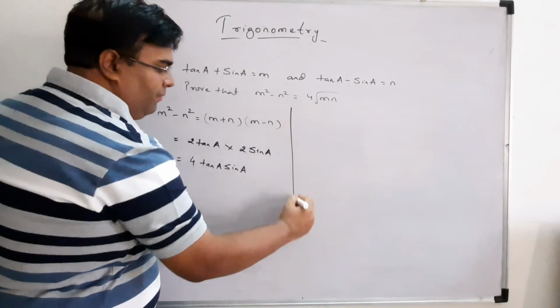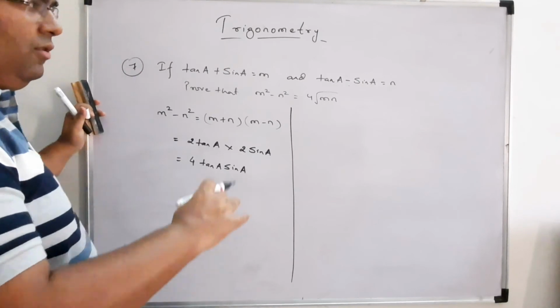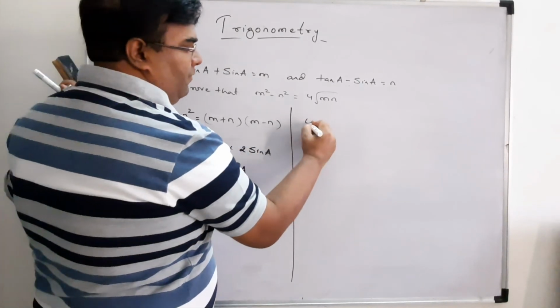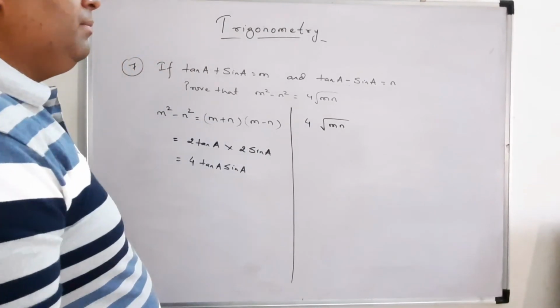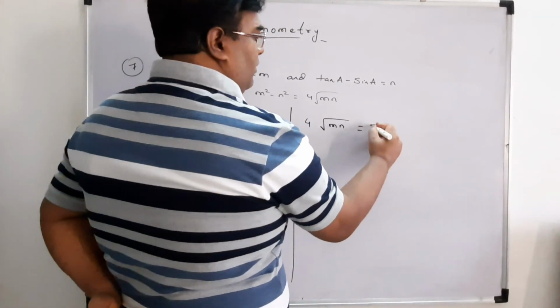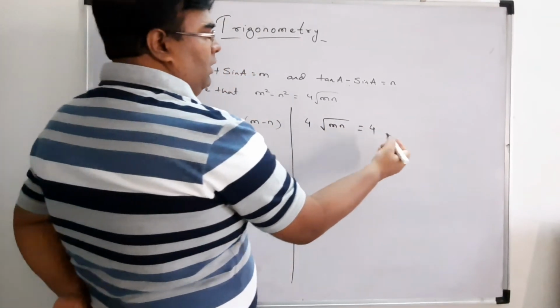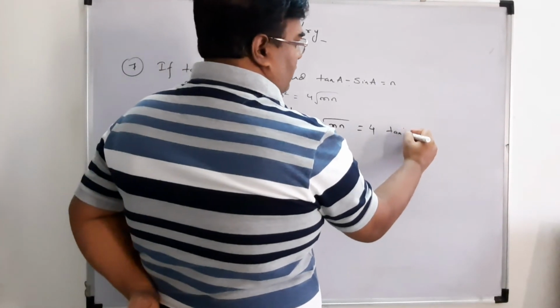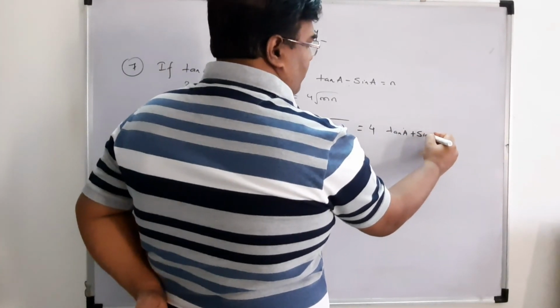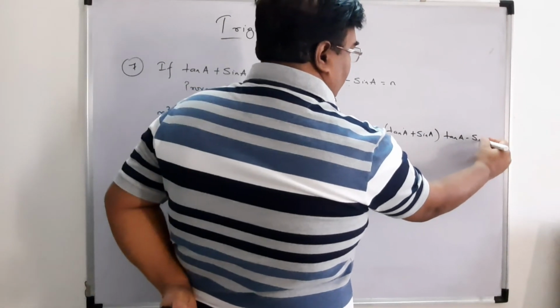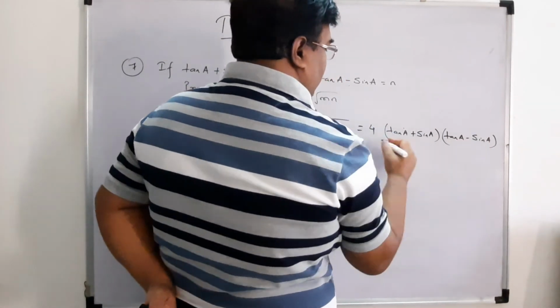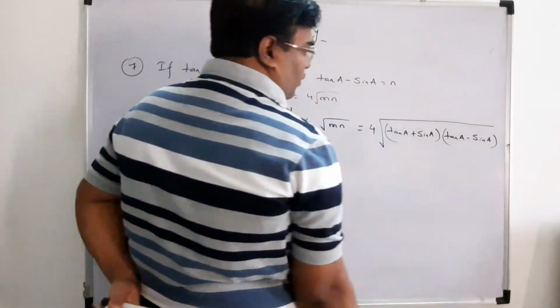So what we will do? We will start from RHS also. Right? 4 square root of mn. This will give me 4. M is what? Tan A plus sin A and tan A minus sin A, under the square root.